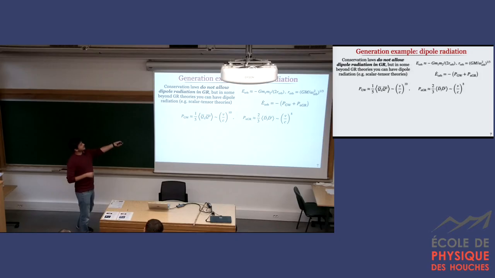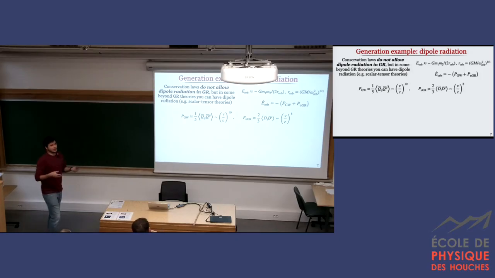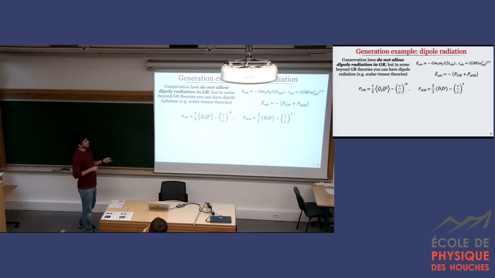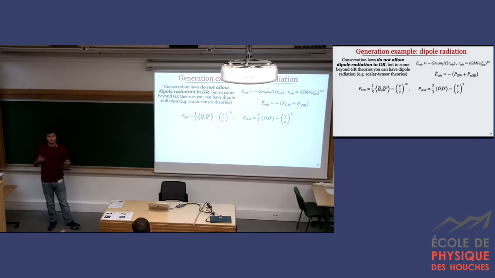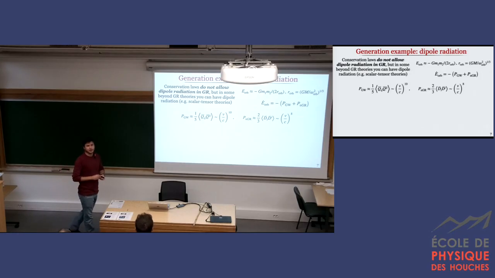The reason why you don't have dipole radiation in GR is because you have mass conservation and linear momentum conservation. In particular, the dipole moment in GR is related to linear momentum. And because the power emitted is always time derivatives, and the linear momentum is conserved, you end up with no dipolar radiation in pure GR.